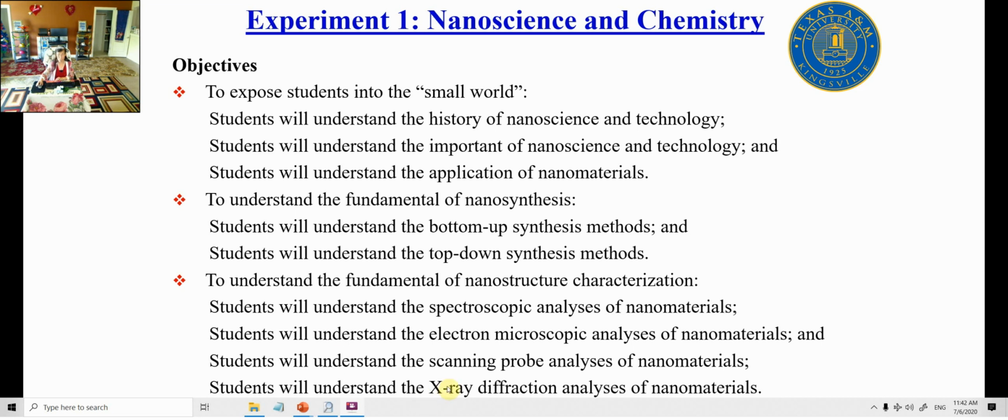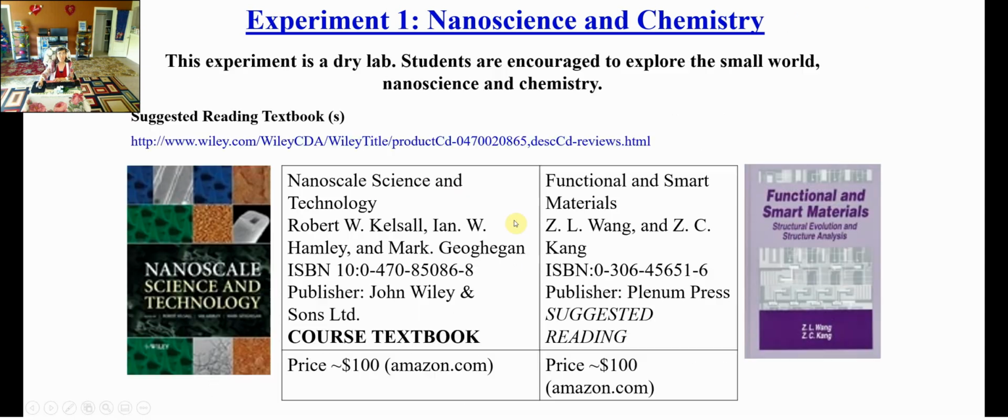The very last method is X-ray diffraction, so you want to determine the phase and the crystallinity of your nanomaterials. So this course is based on nanoscience and nanotechnology, and this lab is a dry lab. So you are encouraged to explore the small world, nanoscience and nanochemistry.